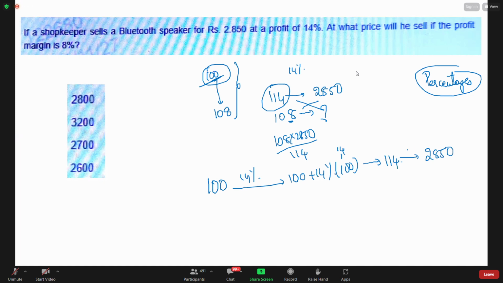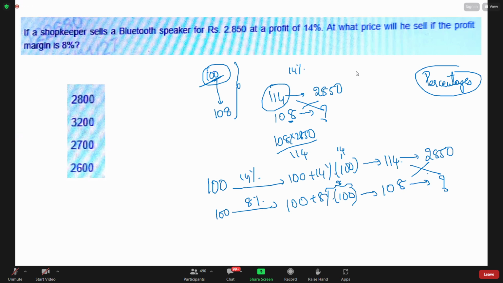He sold the speaker for 2,850, which is given in the question. But now he's saying, what if the profit was 8%? How much will he earn? This is 100 plus 8% of 100, and 8% of 100 is 8. So you'll get 108. So you want to find out how much is 108. Now you cross multiply.